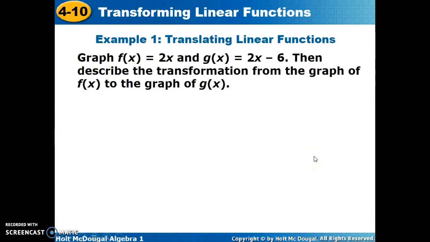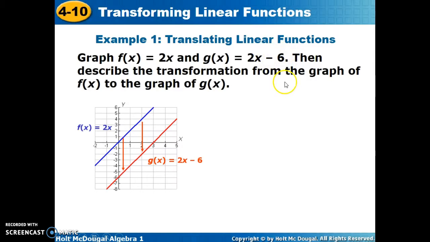So let's look at the translation here. We start with the graph f of x equals 2x, and we're thinking, what is that 2 doing? That's our m value. So instead of 1, we're going up 2 over 1. So our graph is now steeper, but we're taking that function f and doing what to it? We have a translation here, a slide.